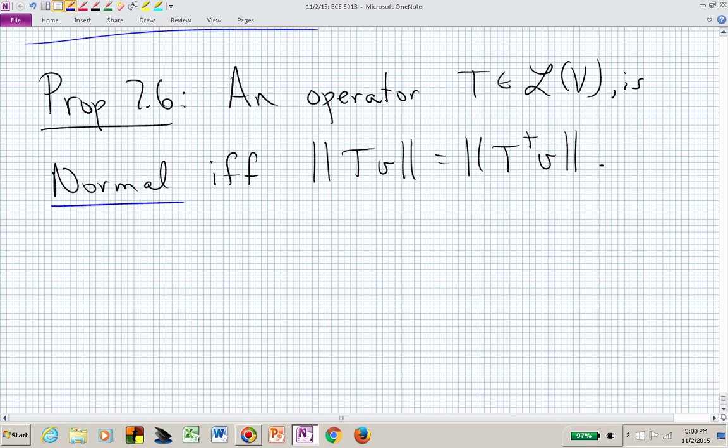The normal operator is such that TV's norm is equal to T dagger V's norm.